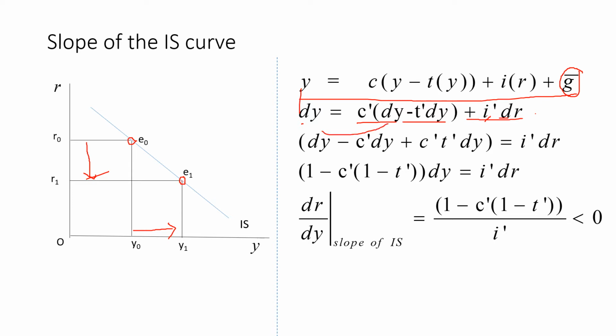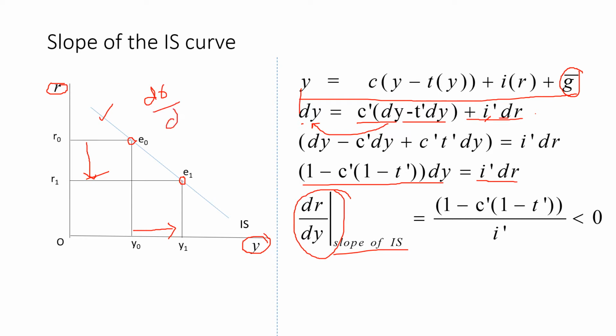Now you take them to the left hand side, then this is 1 minus C prime into 1 minus T prime dY, and the right hand side is I prime dr. Then if you rearrange terms, if you want to find out slope of IS, remember in this graph we are measuring r on the vertical axis and Y on the horizontal axis, so the slope of IS curve is dr dY, right?